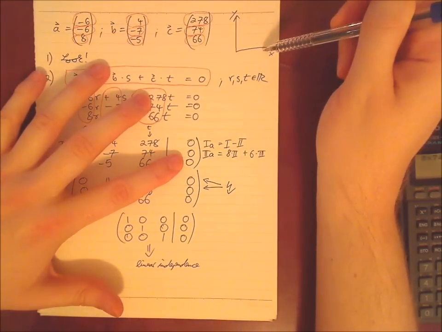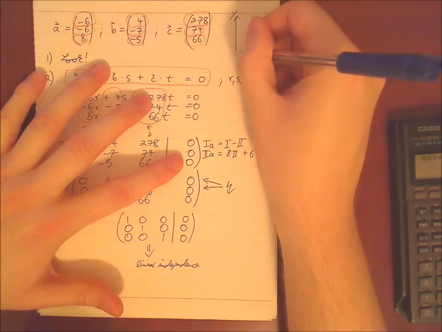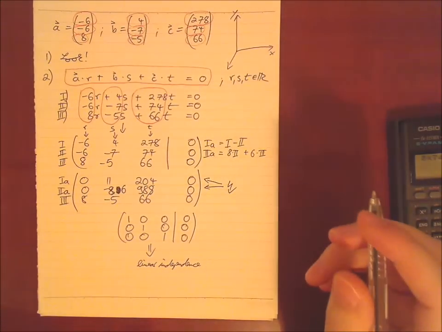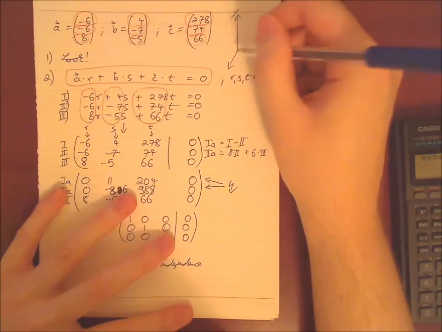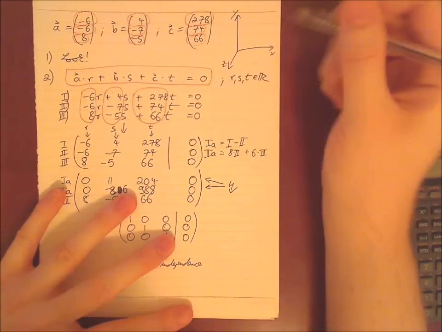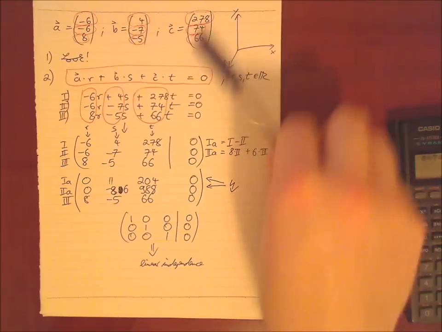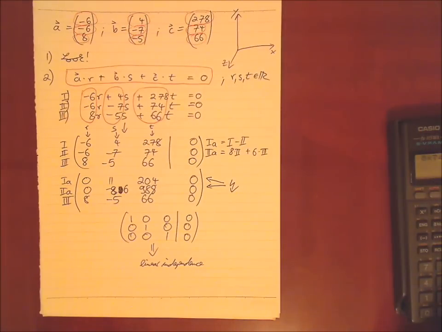You have 2 coordinate axes in the 2-dimensional area, and 3 coordinate axes when we have 3 dimensions. And those 3 axes we need to construct everything that happens in between.